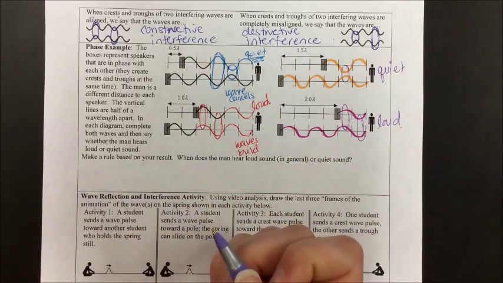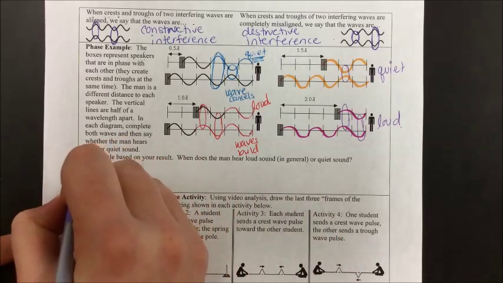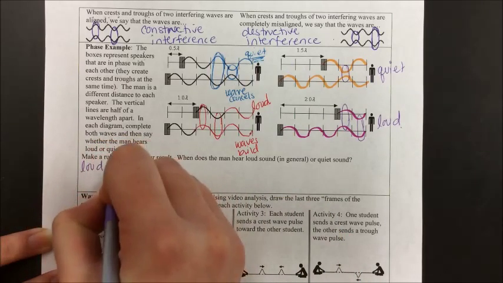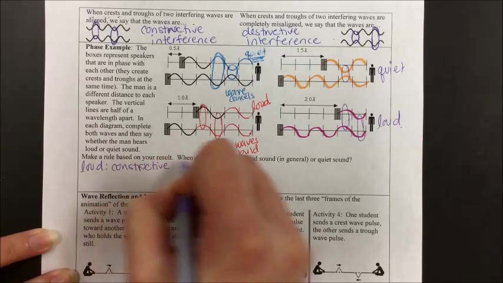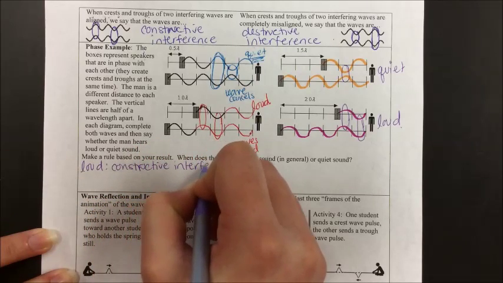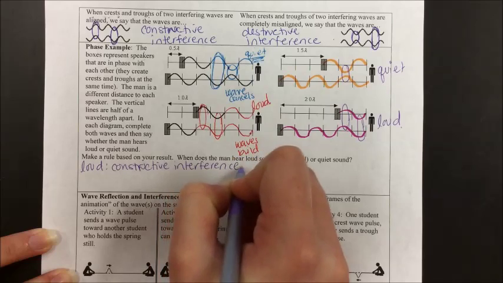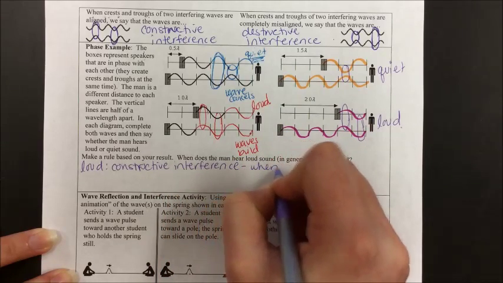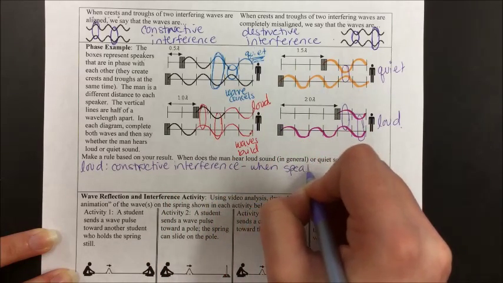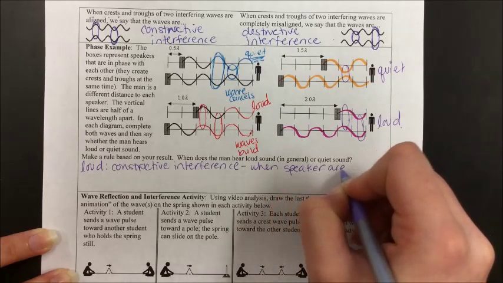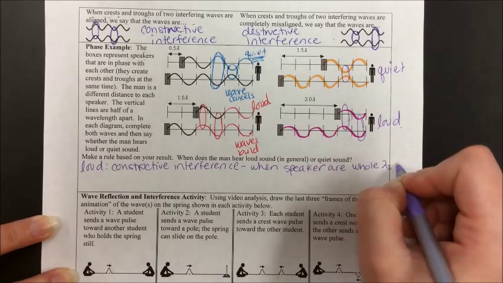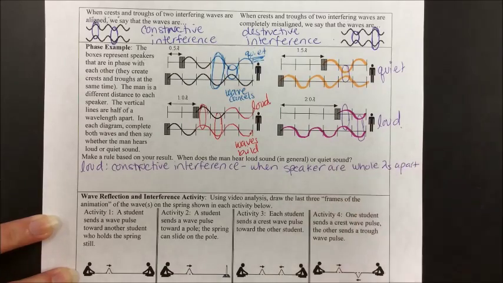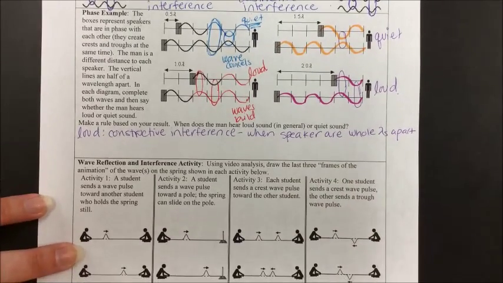Okay, so when we hear a loud sound, we end up with constructive interference. This is when the speakers are whole wavelengths apart.